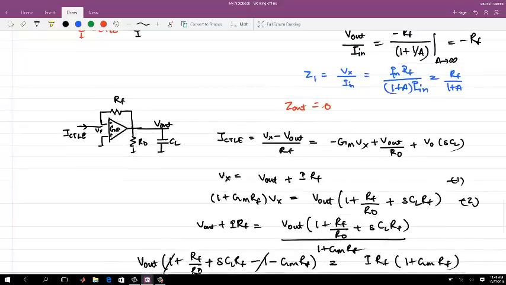So in the transfer function, this is Vx minus Vout by RF. If I have positive here, negative, right? Let me just write this thing.